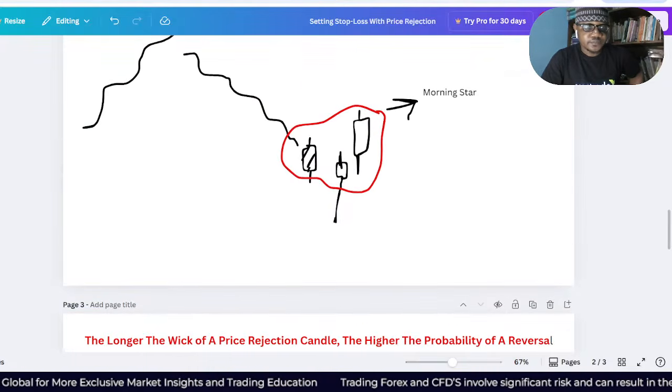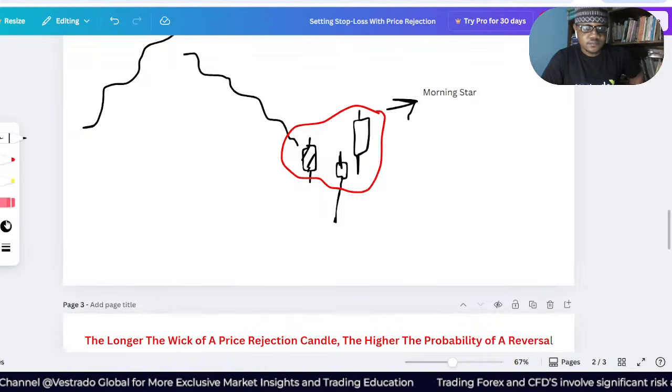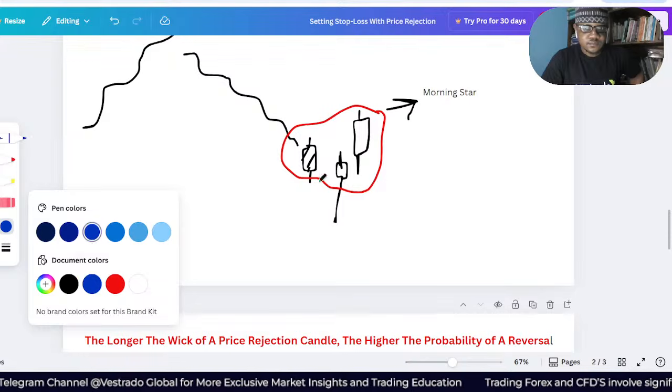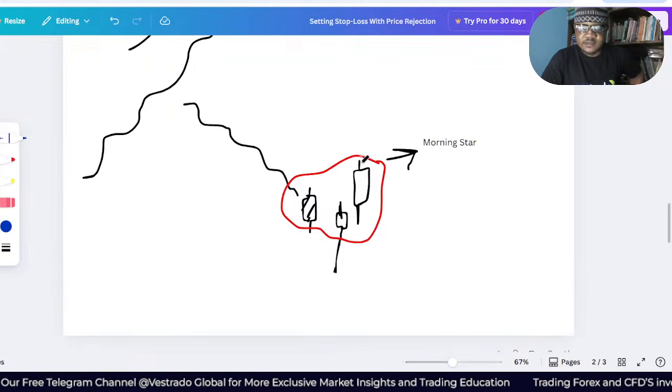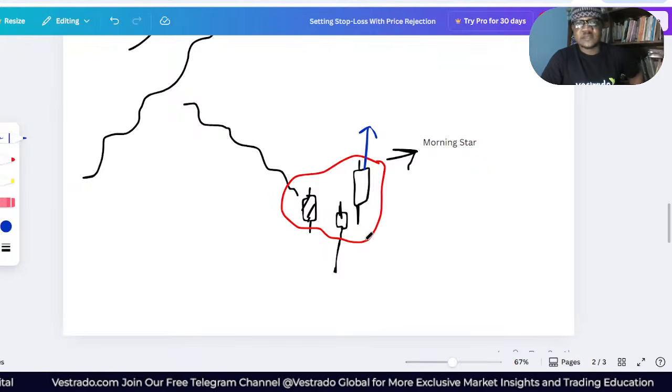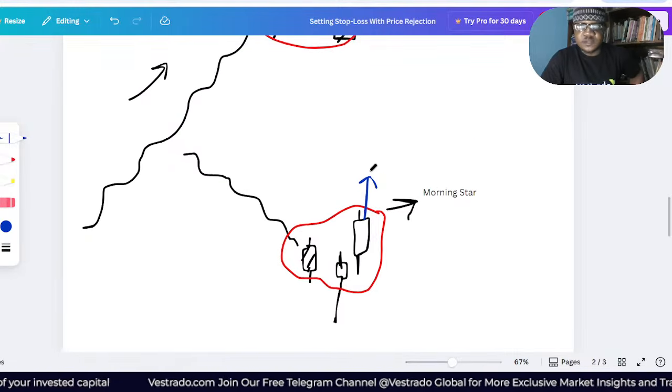Look, this guy for the three candle pattern, okay, is easier after the long wick. This in this case can be a confirmation candle.